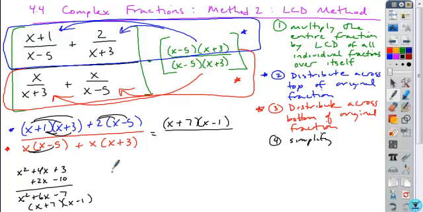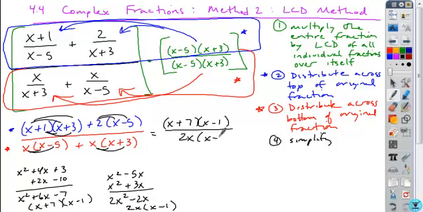So I'm going to distribute my x's and get x squared minus 5x plus x squared plus 3x. Again, combine straight down the columns. Factor. When I take out a common factor of 2x, leaving an x minus 1, I get my denominator.